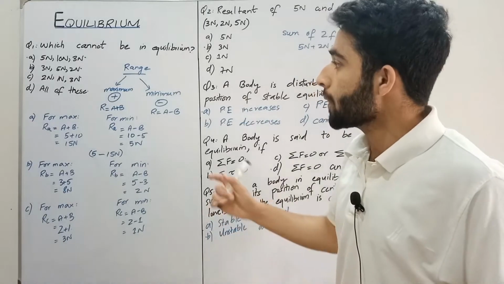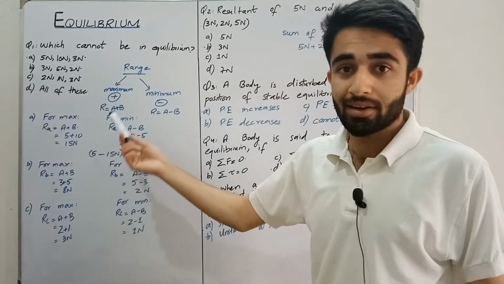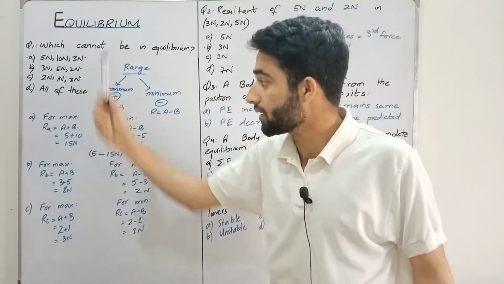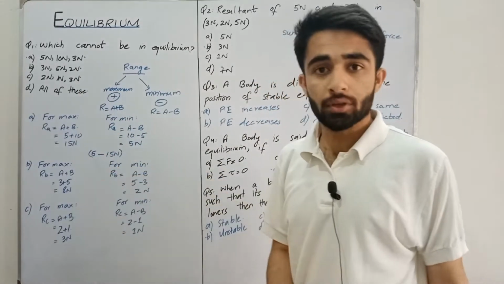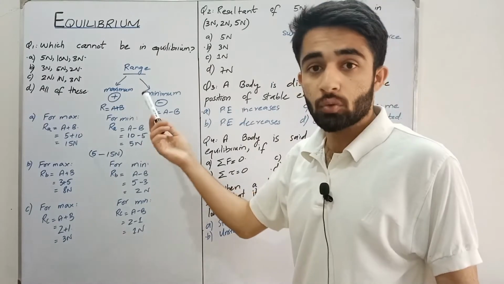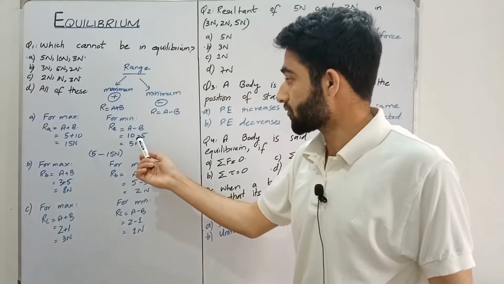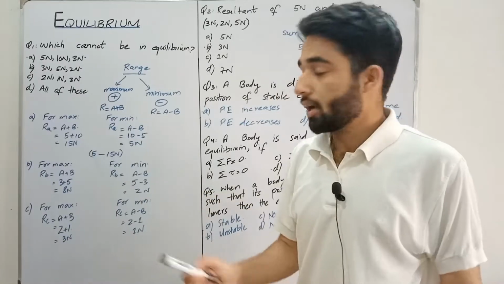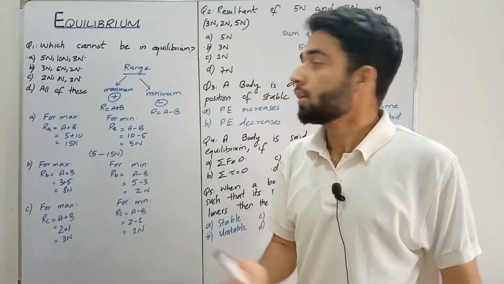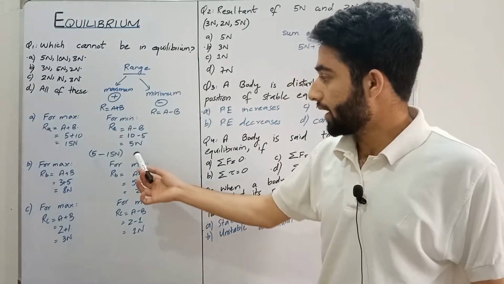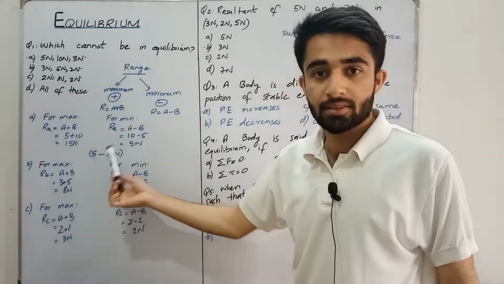So just check it. For part A, for the maximum you add 5 plus 10, which is 15 Newton, and for the minimum you subtract A minus B, which is 10 minus 5, that is 5 Newton. We have calculated the range 5 to 15 Newton. Then you have to check whether all the forces lie inside this range.